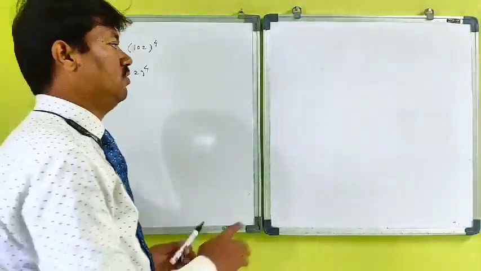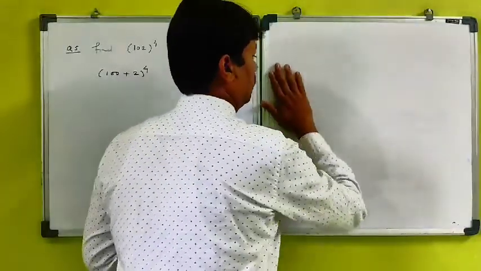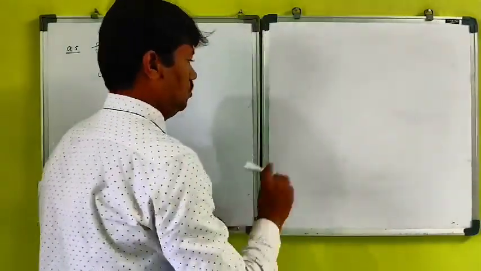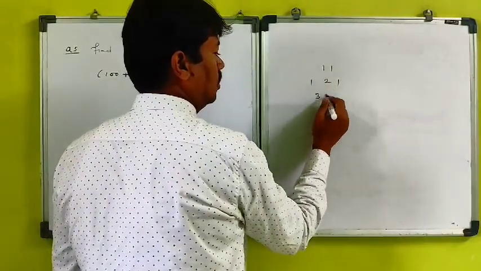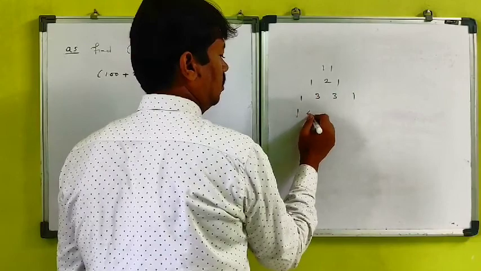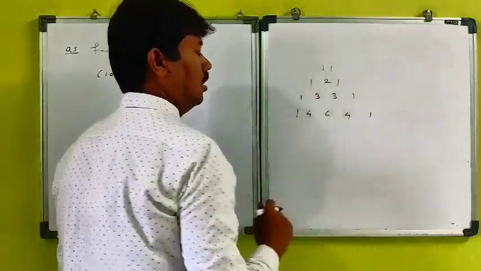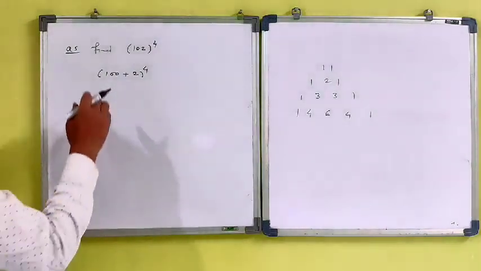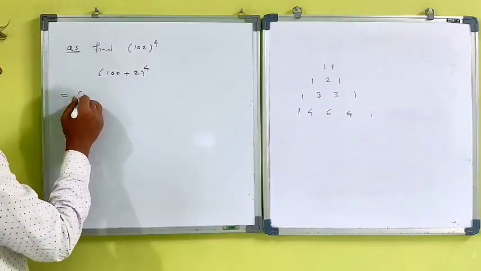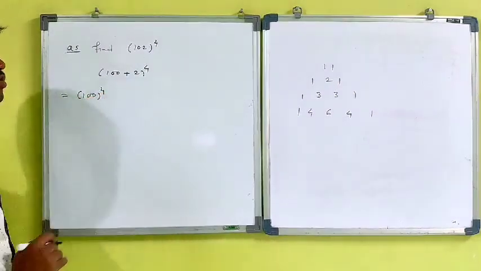What are the Pascal's coefficients for the fourth power? It is 1, 1, 1, 2, 1, 3, 3, 1, like this, then 1, 4, 6, 4, 1. These are the Pascal coefficients. The power of the first term 100 is 100 raised to 4.